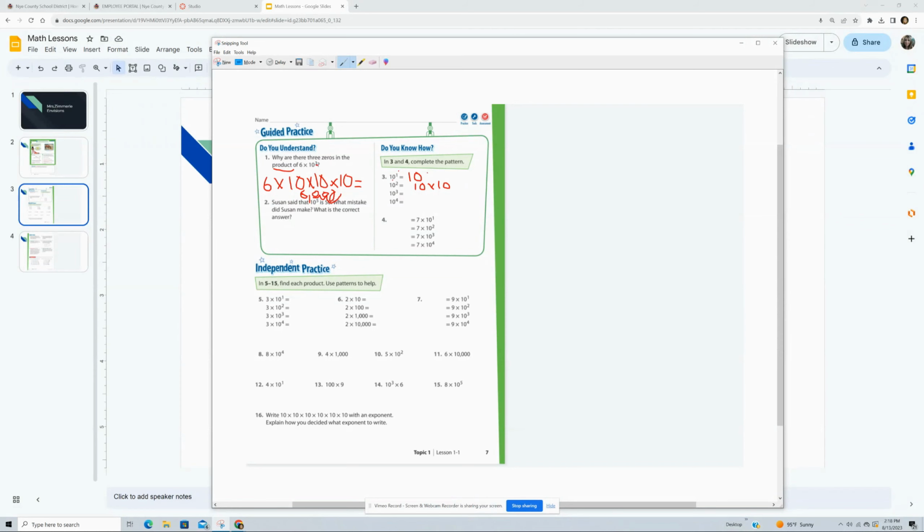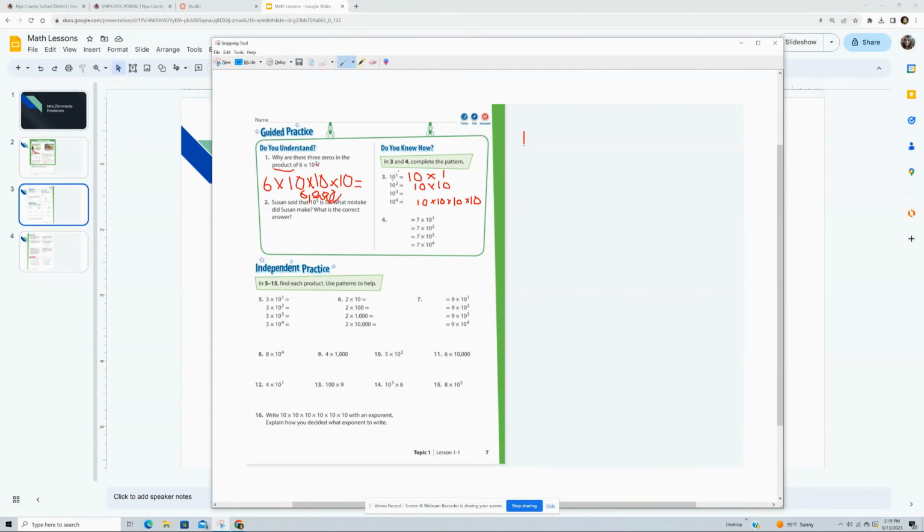This also can look like this. And then let's do the bottom one. We have 10 to the fourth. This is what the equation would look like.